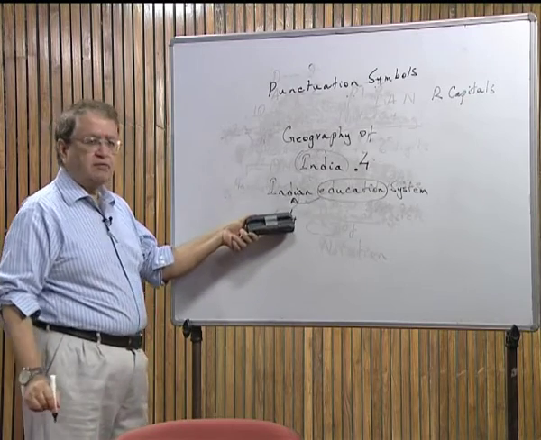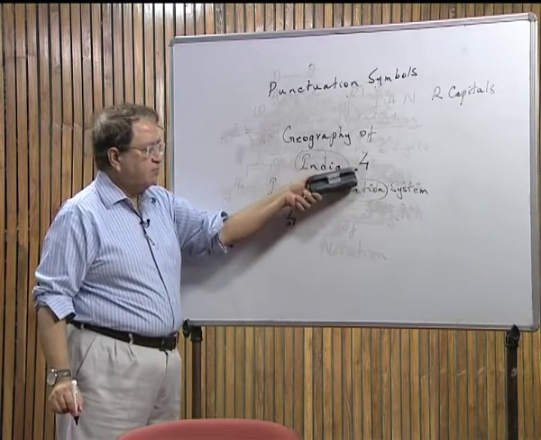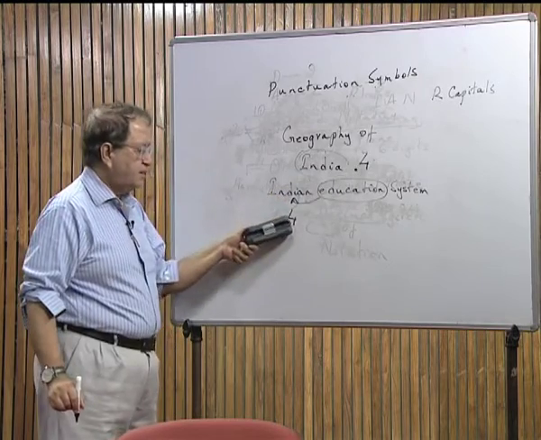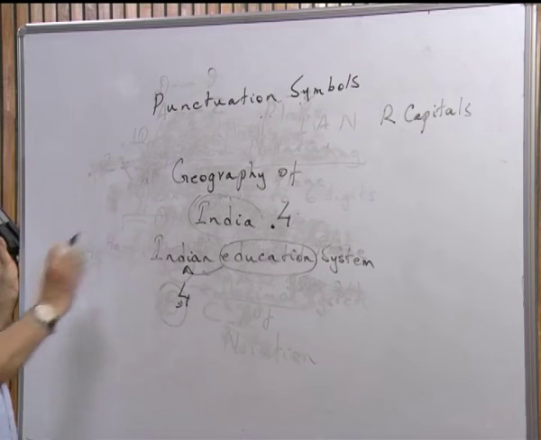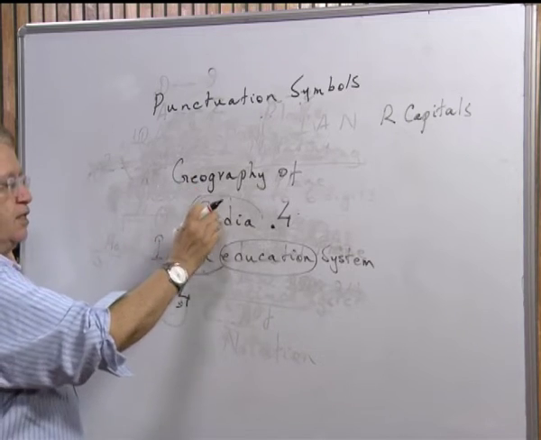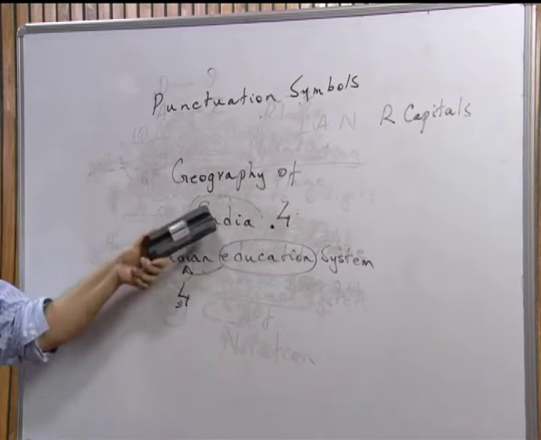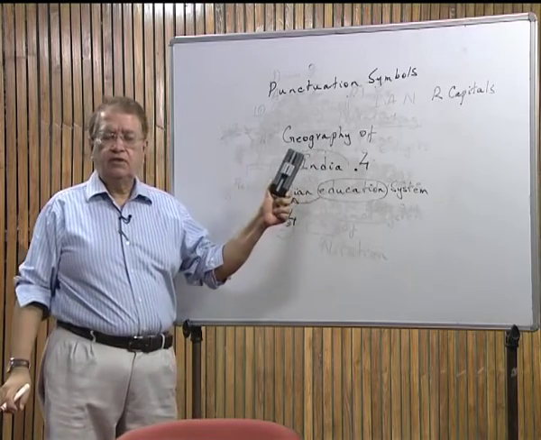Then India is being represented by the same concept, but this symbol tells us in what context India is being used. Here India is a variety of the education system. Here in geography, India is the main concept of study.